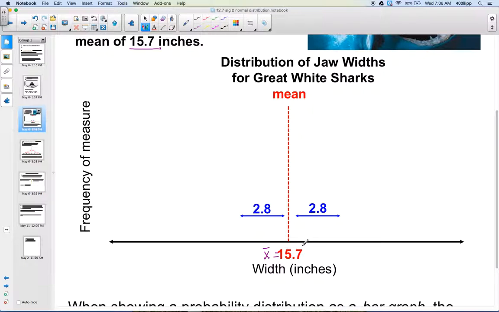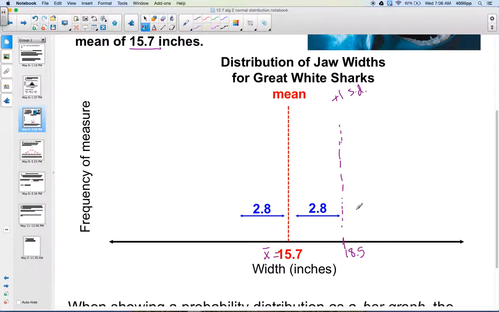So if we take 15.7 and we add 2.8, we will then be at 18.5. Okay, and this right here is going to be 1 standard deviation above the mean. Okay, so this is a plus 1 standard deviation above the mean.